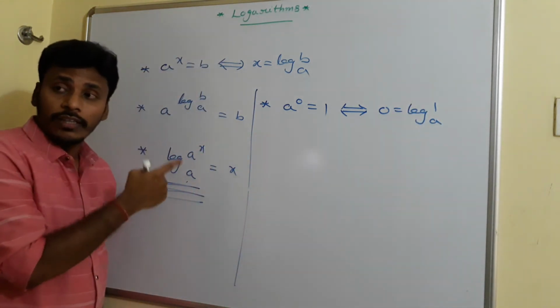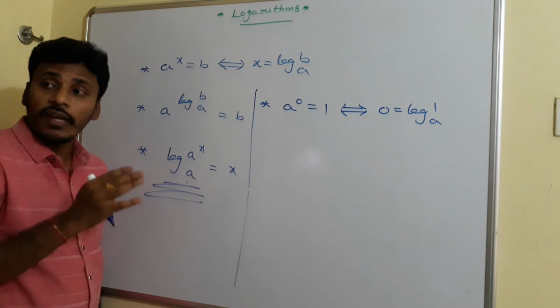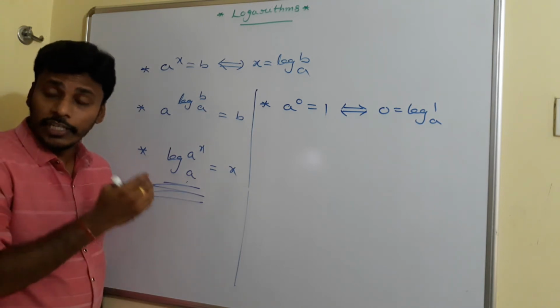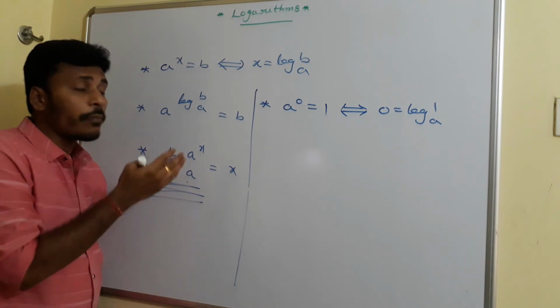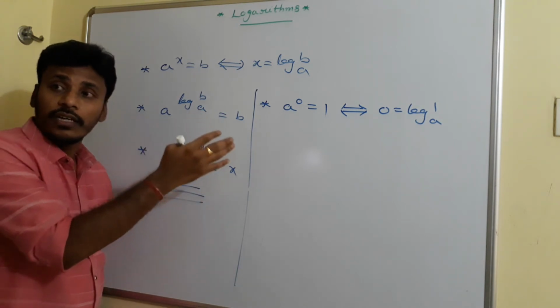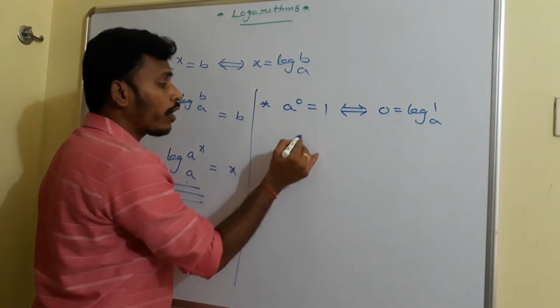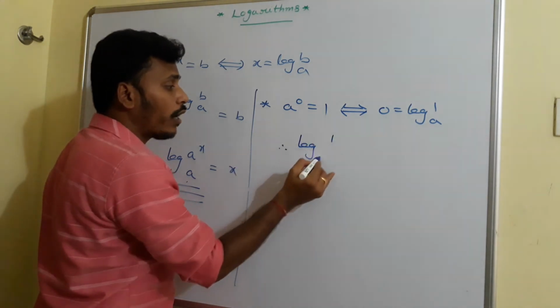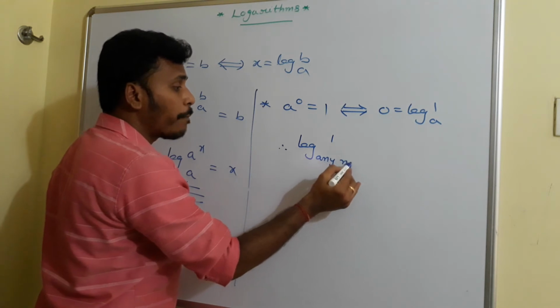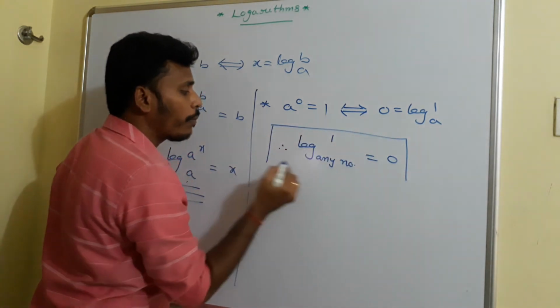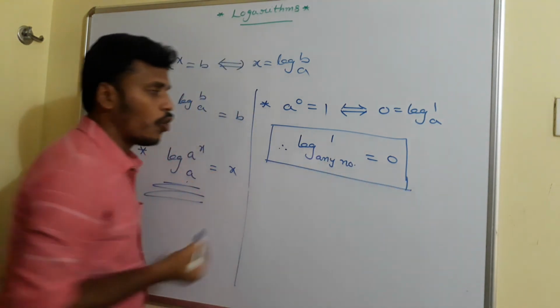In the place of a, you have an independent chance to take any number as you wish. That is true in exponents, right? Since a power 0 is equal to 1, its conversion is logarithm of 1 to the base a is 0. So what I am going to conclude is logarithm of 1 to the base any number is always 0.